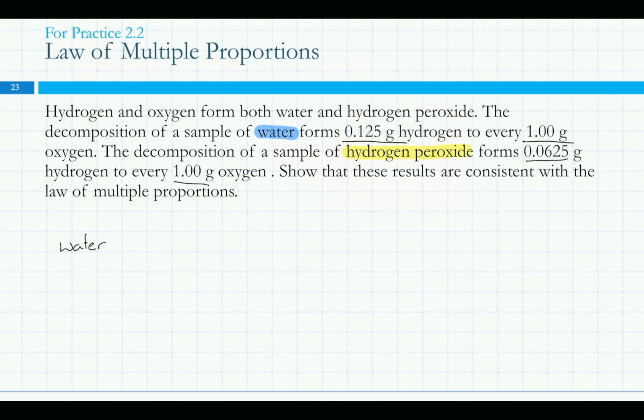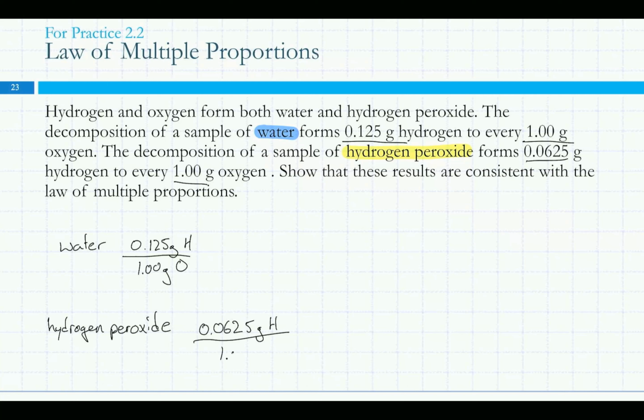For water, our law of definite proportions would say that 0.125 grams of hydrogen for every 1.00 grams of oxygen. And for hydrogen peroxide, we would get 0.0625 grams of hydrogen for every 1.00 grams of oxygen. And I just pulled those numbers right out of the problem, right?